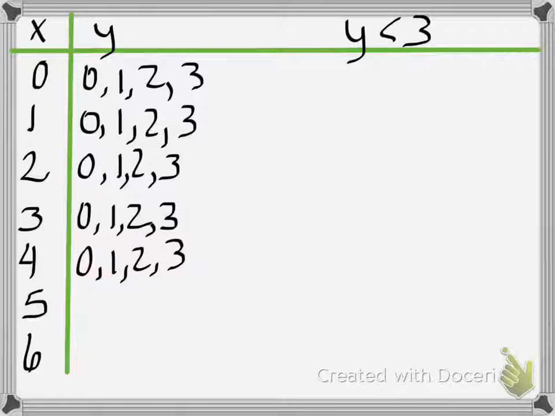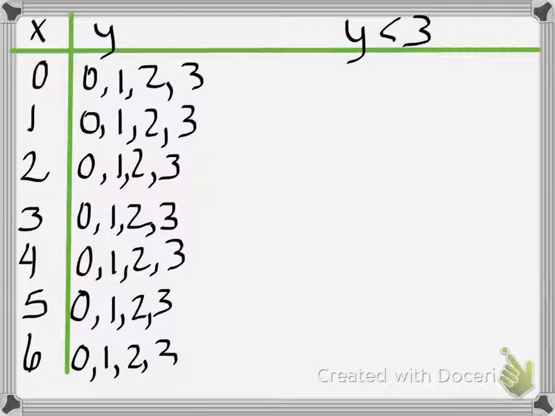And I could keep going. But like the last one, we have a second rule that helps us figure out where to stop. And our second rule, in this case, is 4 times x plus 2y is less than 12.